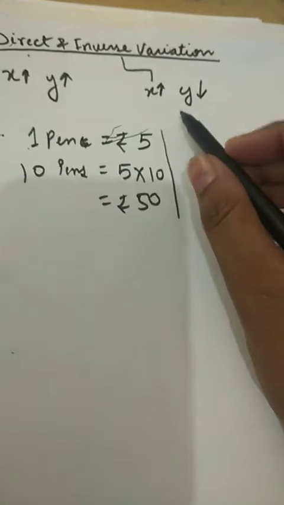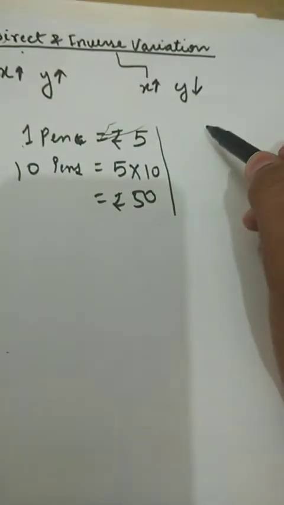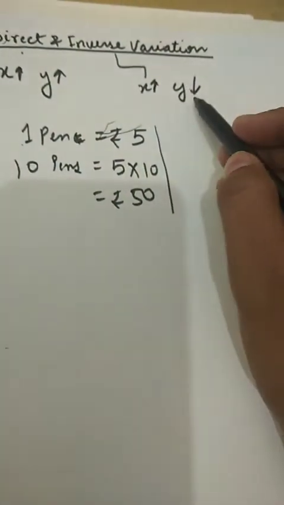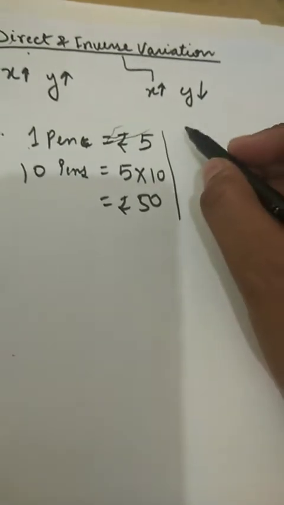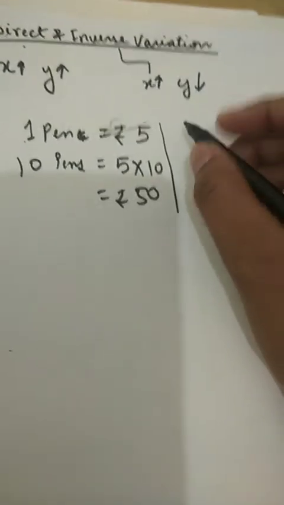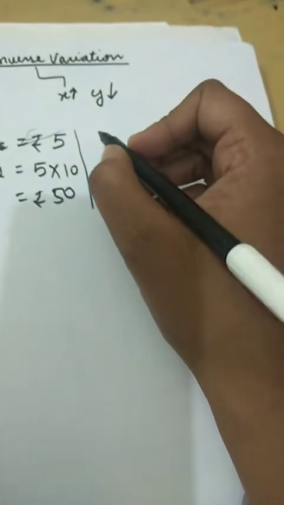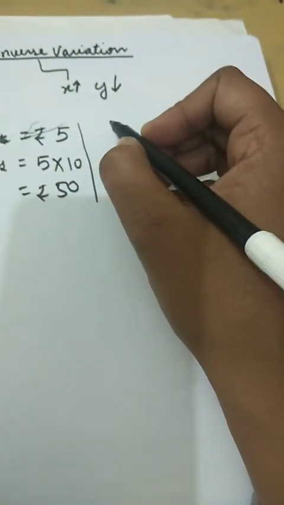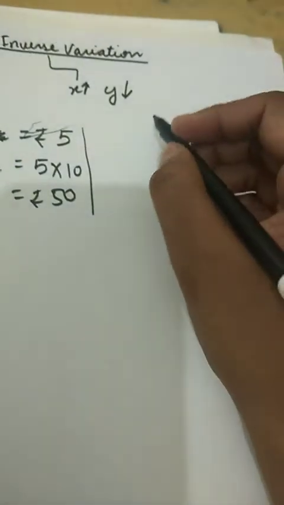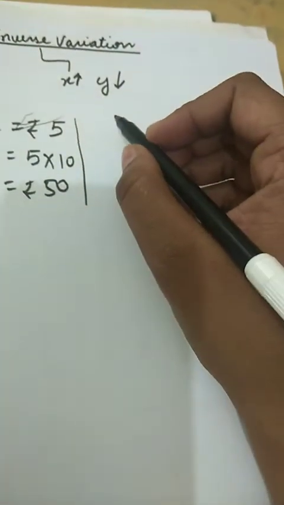An example of inverse variation. Inverse means opposite. Suppose that a man is working, or you can take an example of your mother working in the kitchen.